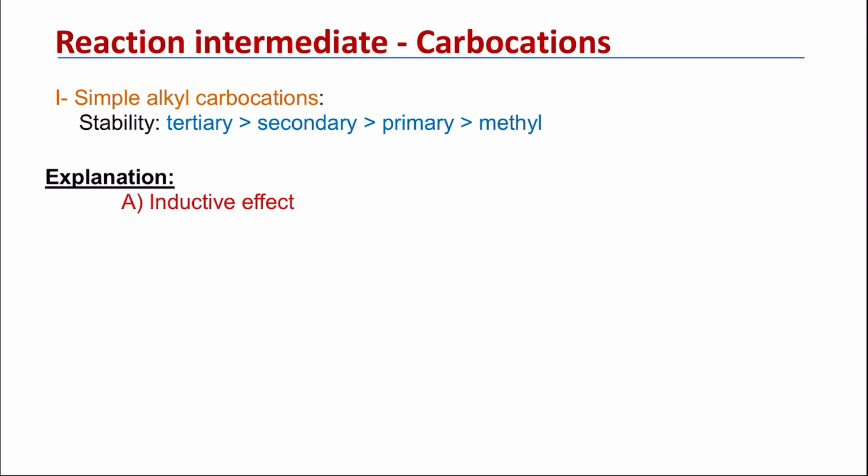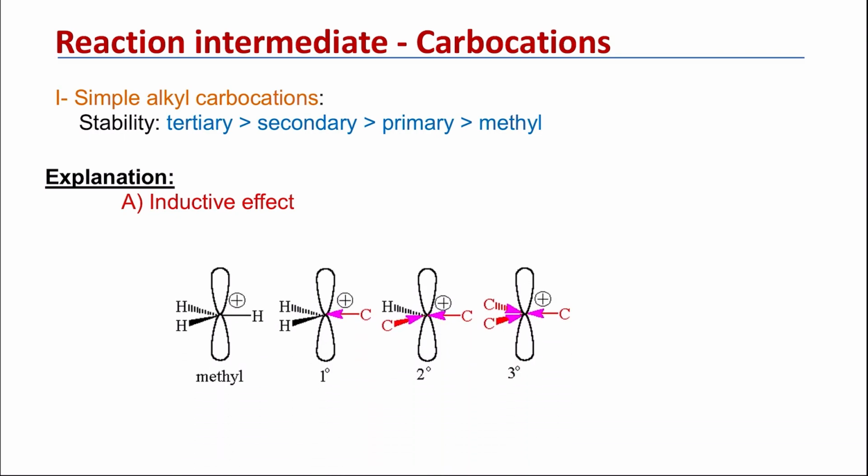For the tertiary carbocation, there are three carbons attached to the positively charged carbon. Each of these carbons has a positive inductive effect, which is an electron releasing tendency. They push electrons towards the positively charged carbon, and that increases its stability.